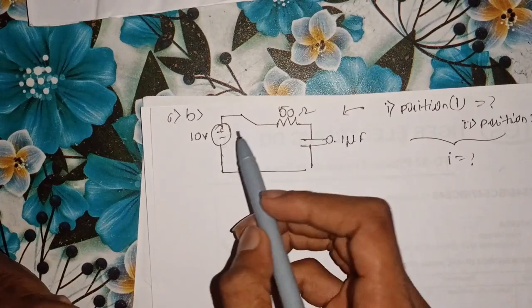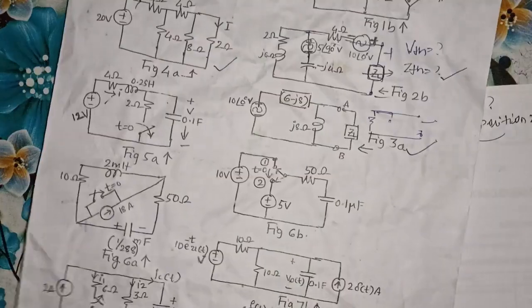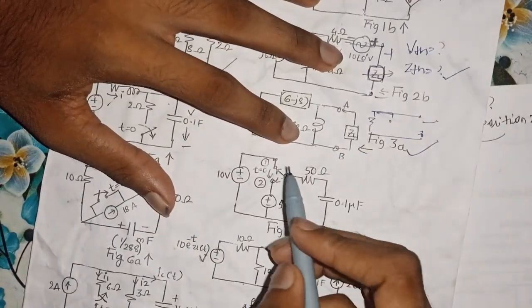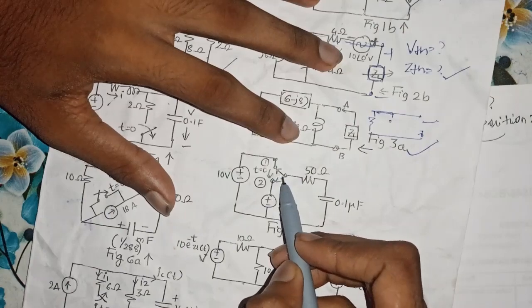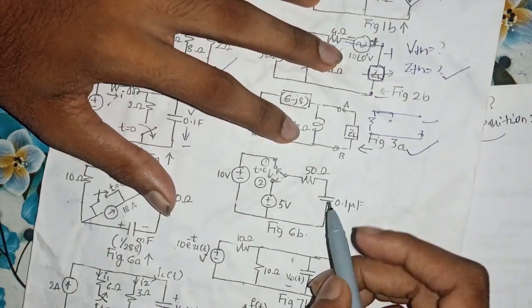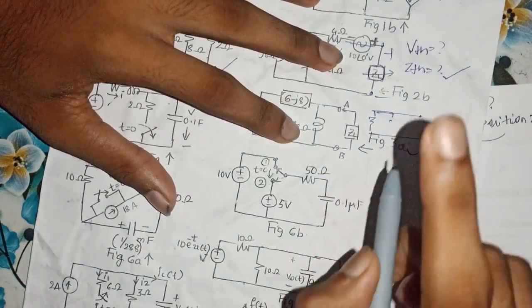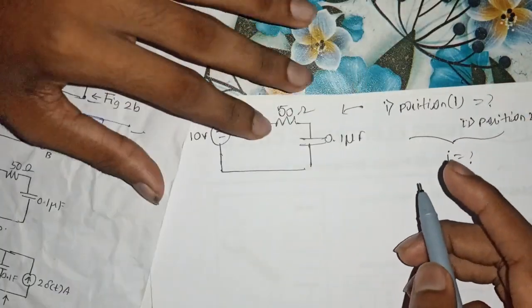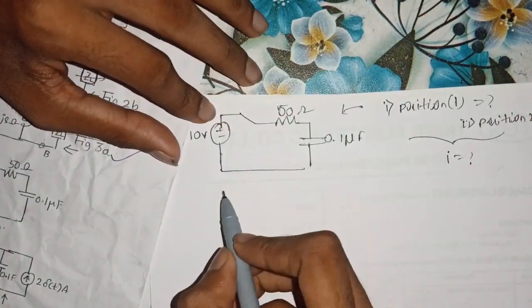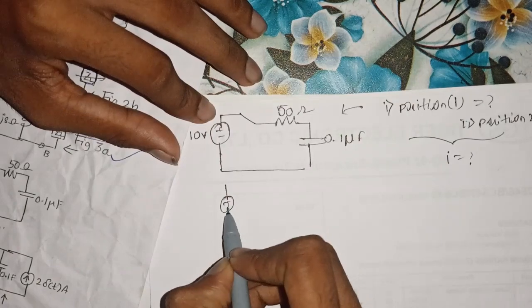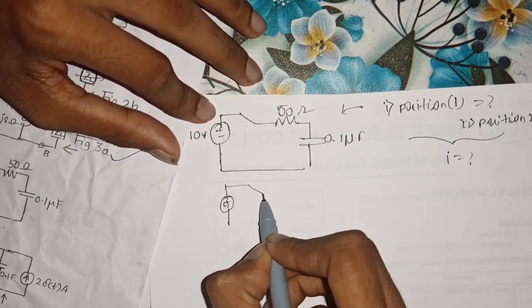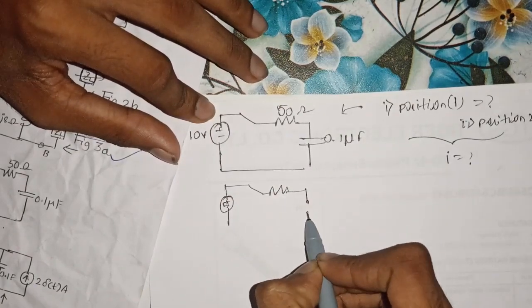Before moving to it, since in this problem the switch has been at position 1 for a very long time, the capacitor acts as an open circuit, so you have to open circuit the capacitance.